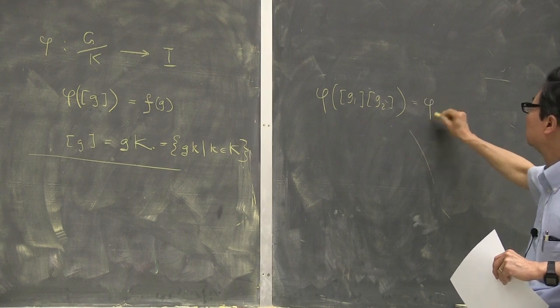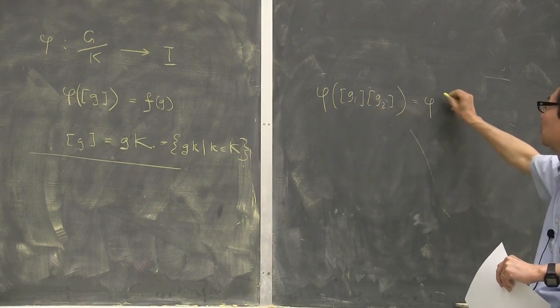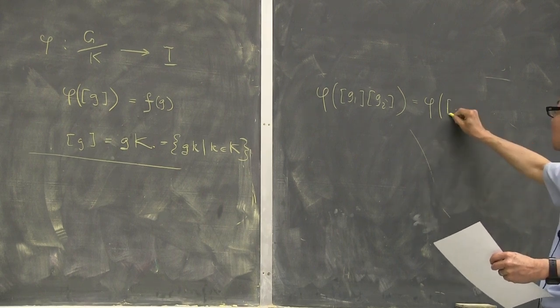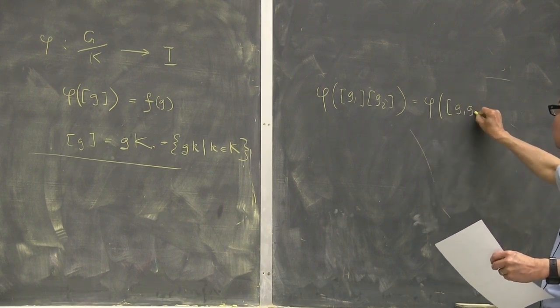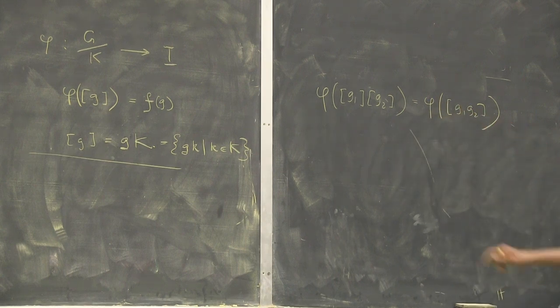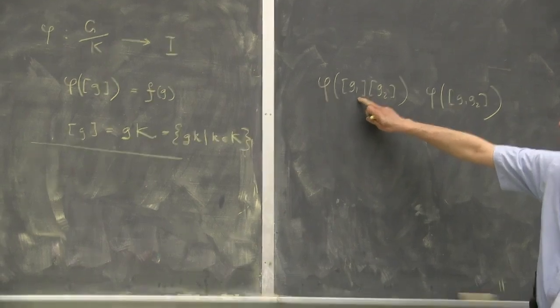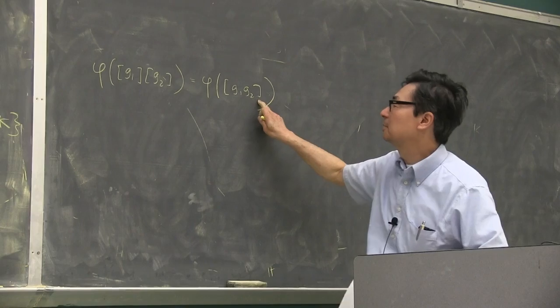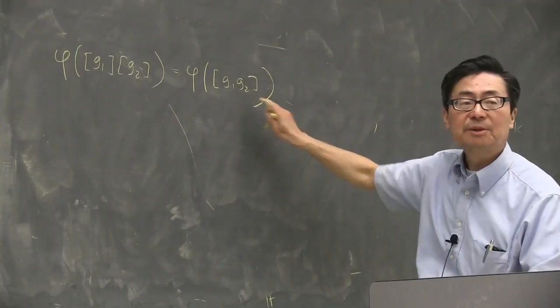By the group multiplication within the quotient group, this is equal to phi mapping this, right? Using the basic definition for group multiplication within the quotient group, this thing in the quotient group multiplied by this thing in the quotient group gives me this other thing in the quotient group, okay?